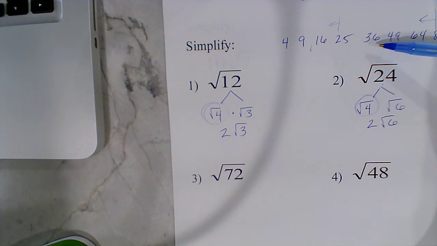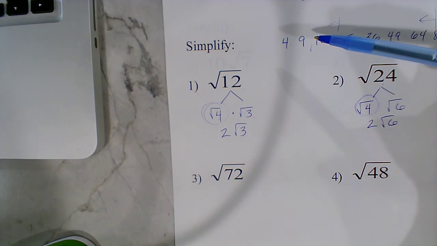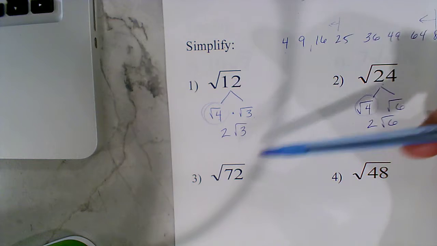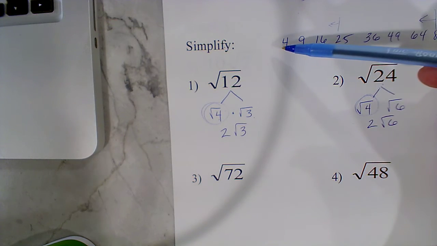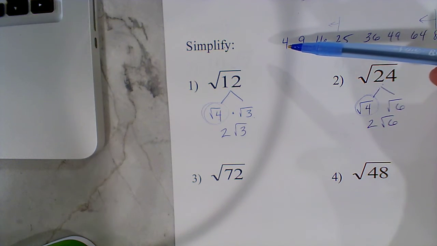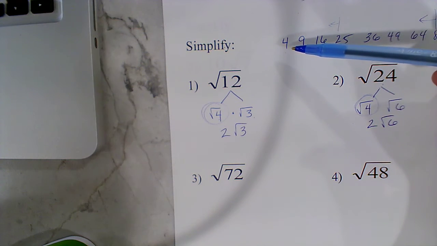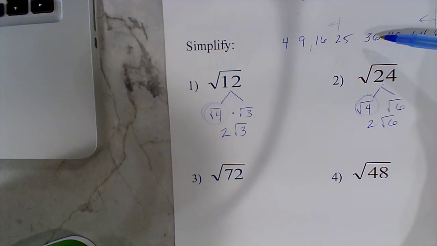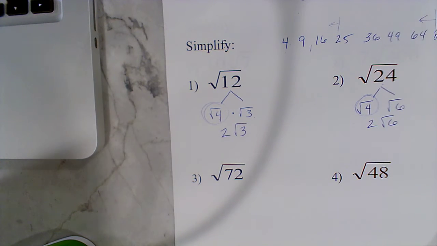But so does 36, and so does 9. Right? 9 times 8 is 72. 4 goes in evenly, and 36 goes in evenly. So you've got a bunch of options here that you have to pick from.